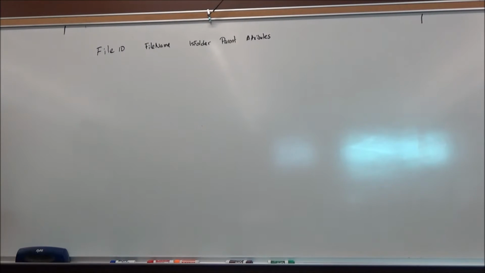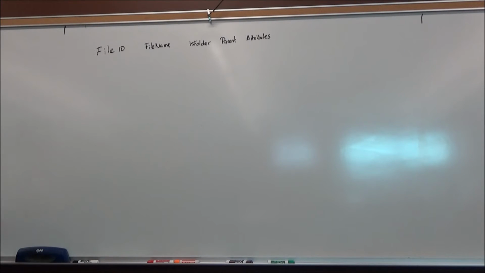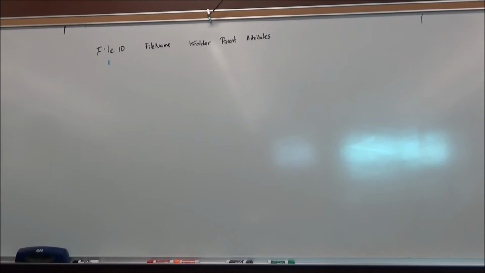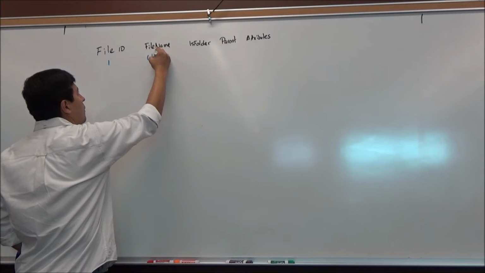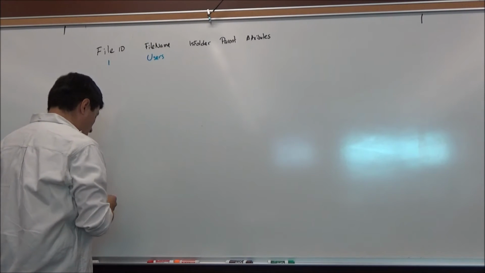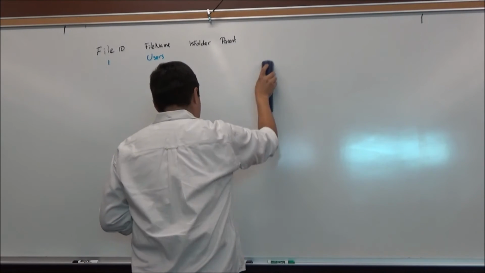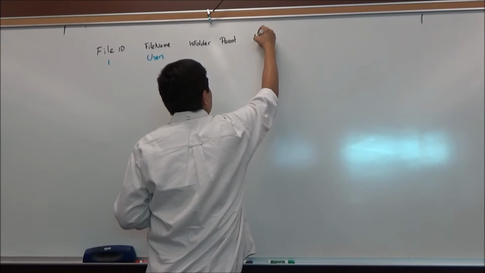So if we use a sequential file ID instead of file 1, and that I'm gonna call it users. And I forgot something here. Before the attributes, I'm gonna have an address.